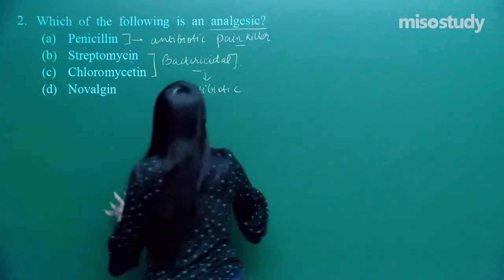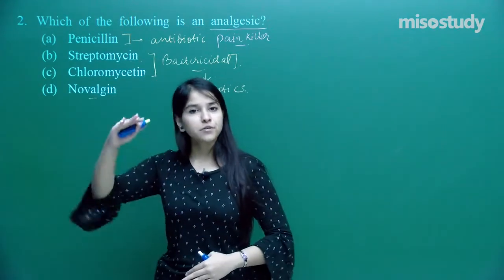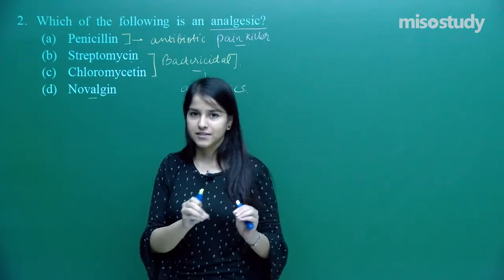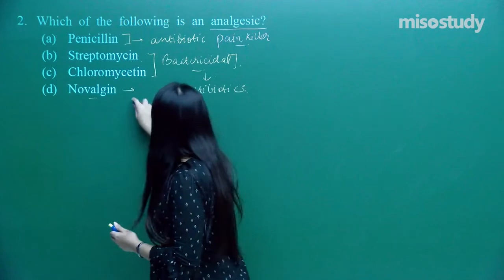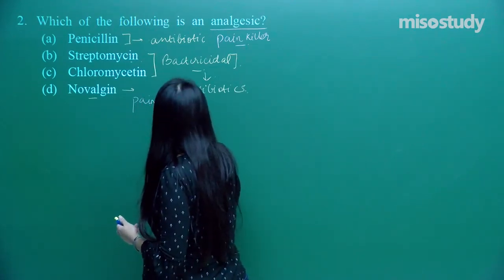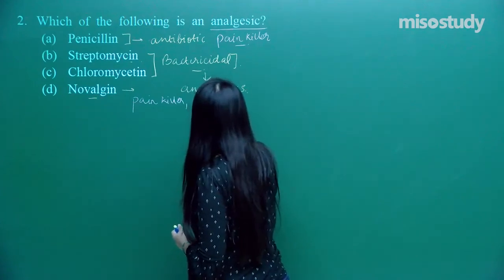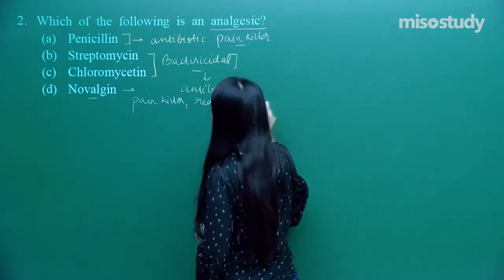And what I'm left with is Novalgen. If you don't know what it is, you can try to eliminate all the possibilities, then have the answer. So I would like to tell you, Novalgen is a painkiller first. Also it reduces fever. That is antipyretic as well. So that is for your information.